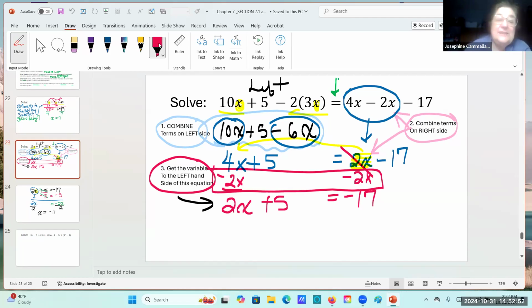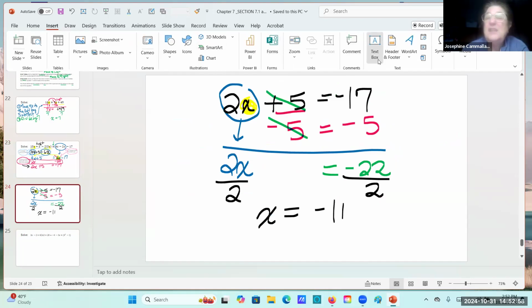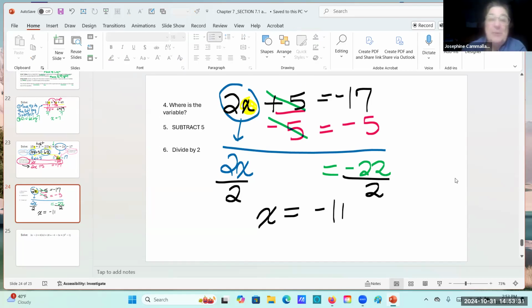Then our next step was, where is the variable? It just happened to be on the left-hand side. That is step number 4. Number 5, subtract 5 from both sides. Divide by 2. And that was our 6th step.